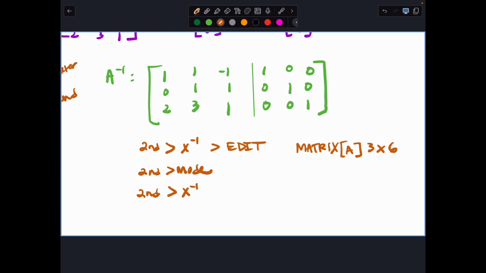Then you're hitting second, inverse again, but you're going over to math and then RREF. And then you're calling up matrix A, which would be a 1, and hit enter.